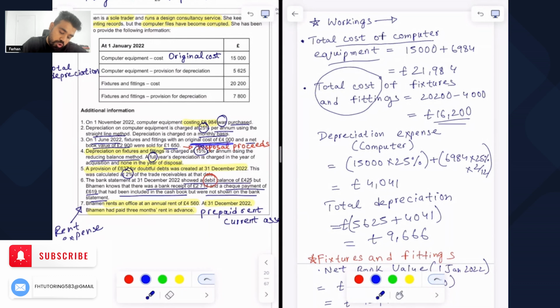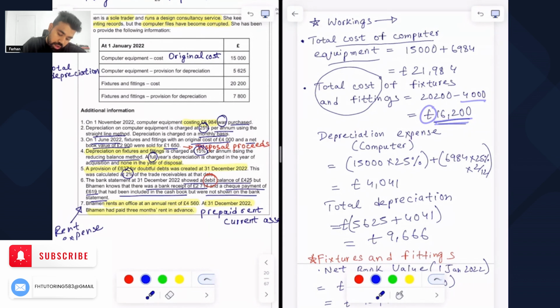So when it comes to the calculation of the total cost of fixtures and fittings remaining in the books, you take the initial balance of £20,200 from 1 Jan 2022, and then we subtract £4,000 to reflect the disposal of the fixtures and fittings, which were originally purchased for £4,000. Once we do that, we're left with £16,200 as the total cost of fixtures and fittings remaining in the books.